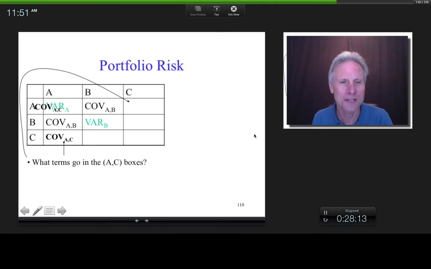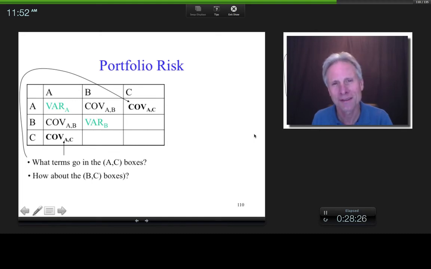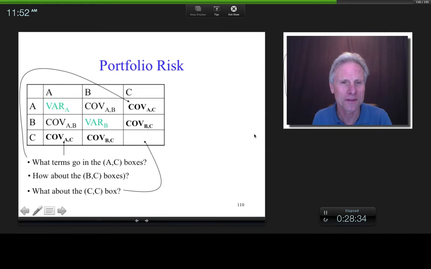Well, between A and C. What about the BC boxes? What goes there? Variance or covariance? Covariance, right? Covariance between what? Between B and C. And finally, what about the CC box? A variance term or a covariance term? A variance. The variance of what? Variance of C.